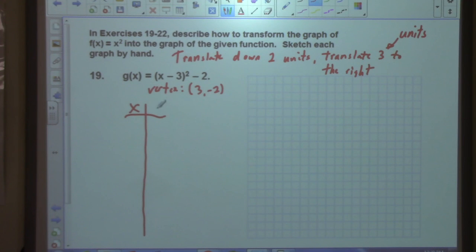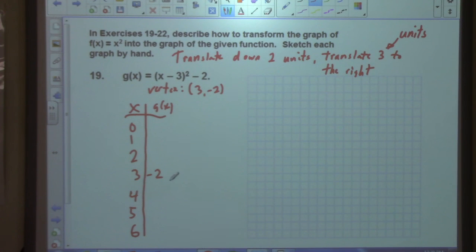X, g of x. So we have our vertex here, 3, negative 2, and then we put here 4, 5, 6, and over here we put 2, 1, 0. Do we have a plus 1, plus 3, plus 5 going on here? What is a equal to? 1.